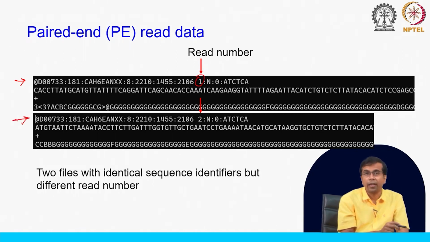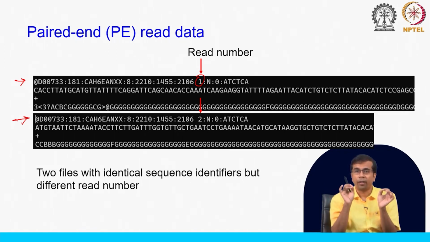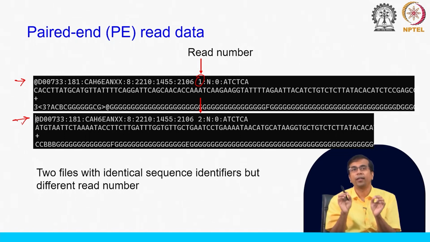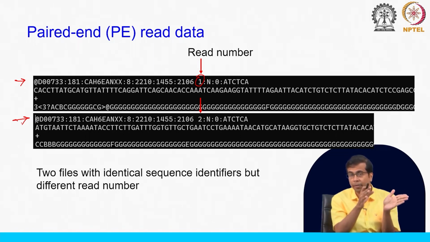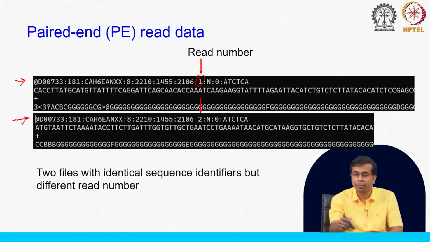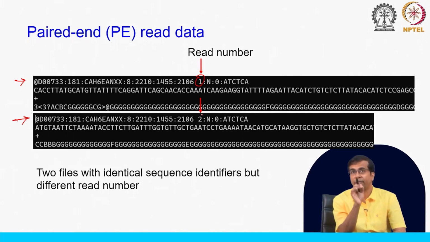And then you have the second one, this comes from a separate file. Remember, you will get to see two files, one with some name read1.fastq and the other with the same name read2.fastq. So read1, read2 fastq will also be reflected in the read number. This read number will be reflected in the file name as well as in the header line.